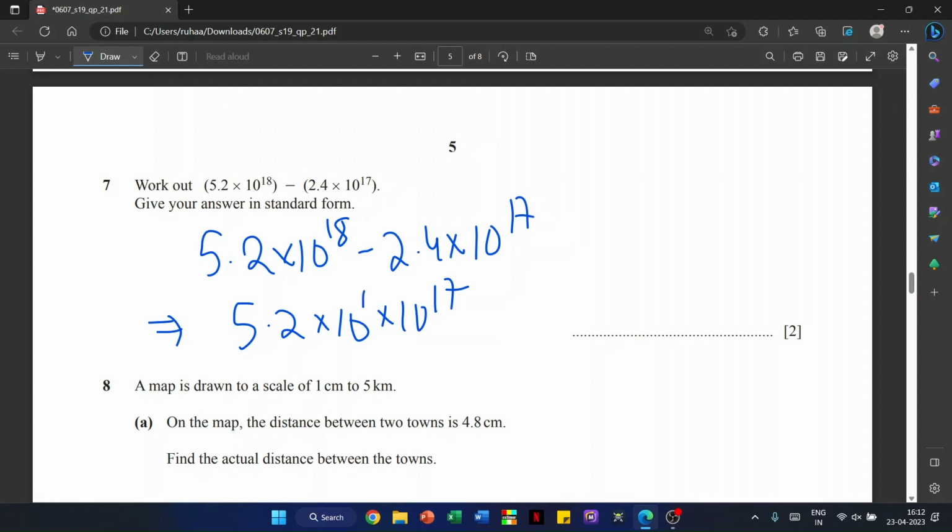If they have the same base, 10 and 10, and you multiply them, the powers add up. So this 5.2 times 10 to the power 1 times 10 to the power 17 is nothing but 52 times 10 to the power 17. Sorry about that, not negative, it's positive.